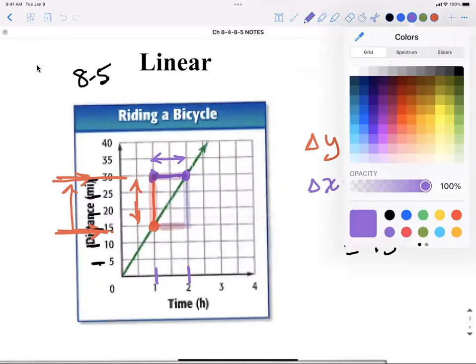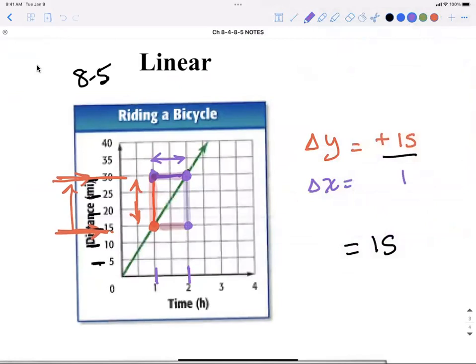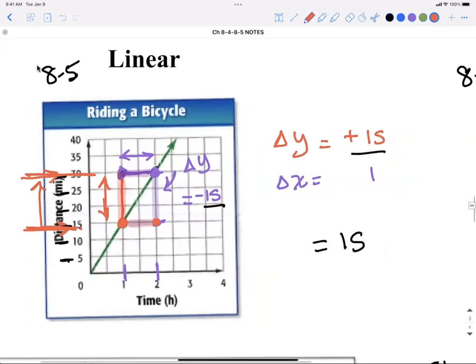Well, I'll tell you what happens. So if you are looking at your fall from this point down here, this is your change in Y, right? That's the top number in your fraction. We go down from 30 to 15. So from 30 to 15, that is a change of -15, because we went down 15. Well, now if we run from this point to this point to finish off our triangle, we run backwards.